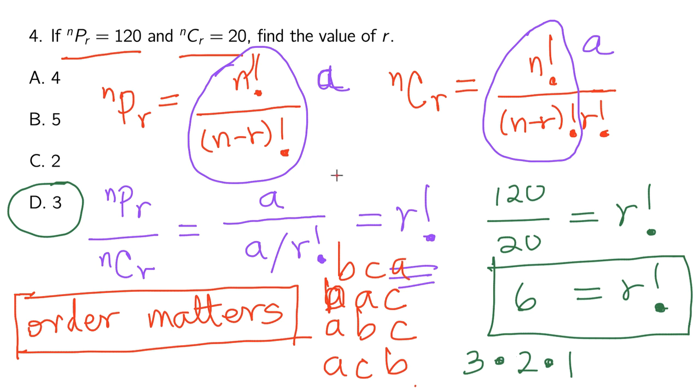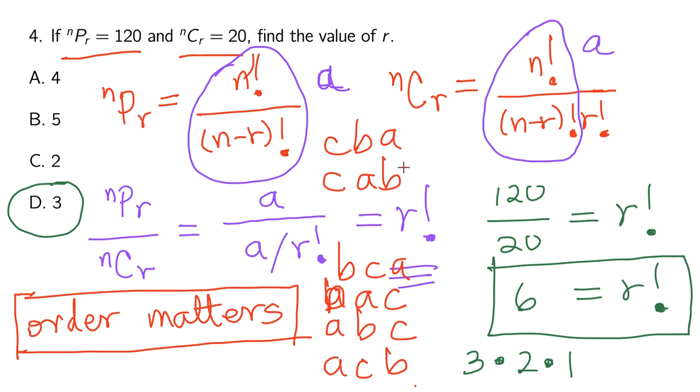The ones that start with C, there's C, A, B, and C, B, A. So for 3 items A, B, and C, we have 6 ways of arranging them, and these are the permutations. So one combination has given us 6 permutations.